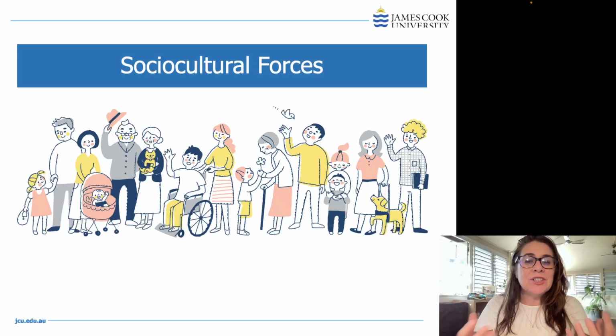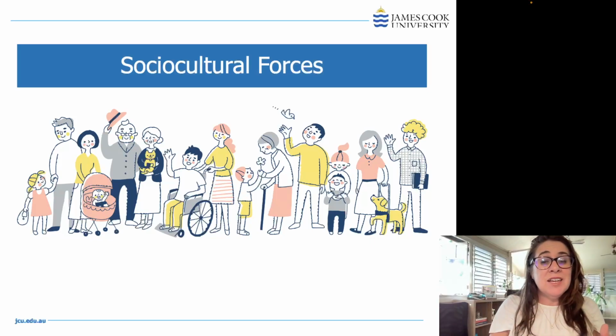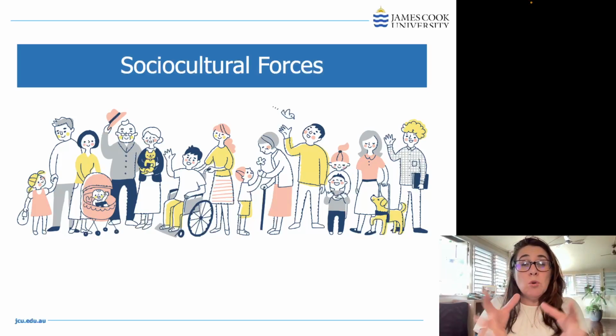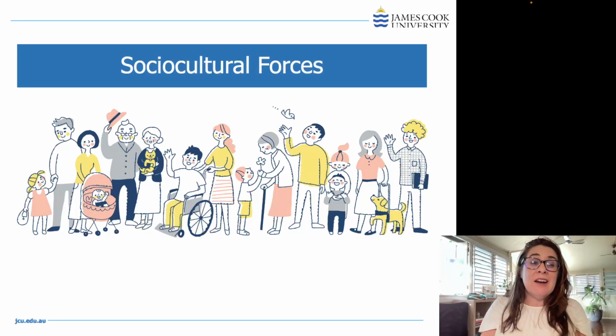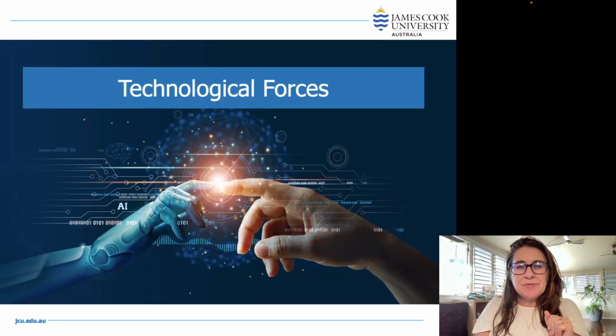Changes in social and cultural values have dramatically influenced people's needs and desires for products, and these values change at varying speeds. Issues of health, nutrition, and exercise have increased in importance, affecting behaviour, lifestyles, and product choices. So it's about being aware of all of these elements in our socio-cultural mix when we go about selling our products.